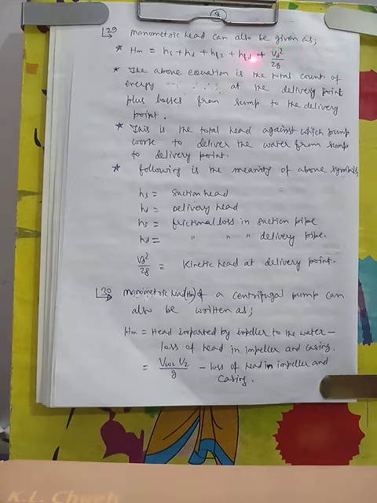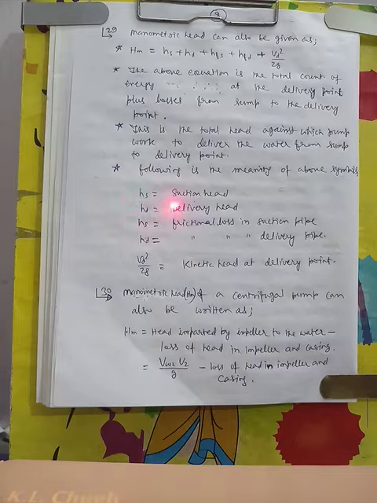So this is the total energy required, total head required to take water from the sump to the delivery point. So this is also a way to calculate the manometric head. This is very clear, what is going to be in calculation in the manometric head.